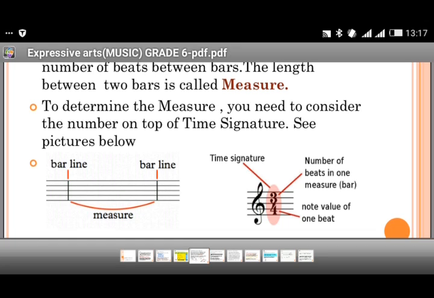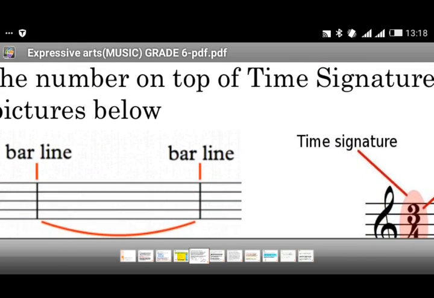Okay, so we continue. As we said, the measure is just a space between two bars, and that measure is determined by the top number of a time signature. That top number will give you the number of beats which will be on that measure.